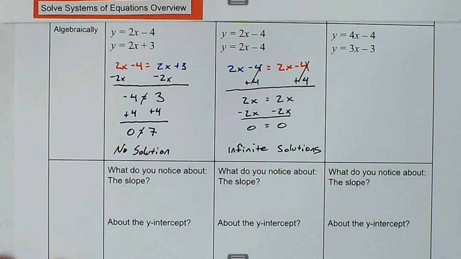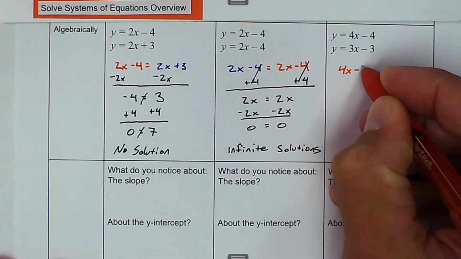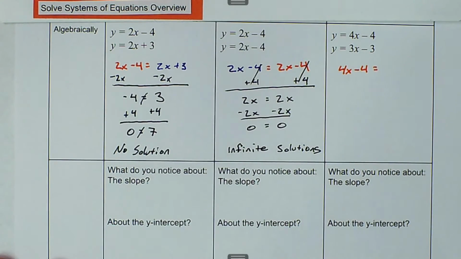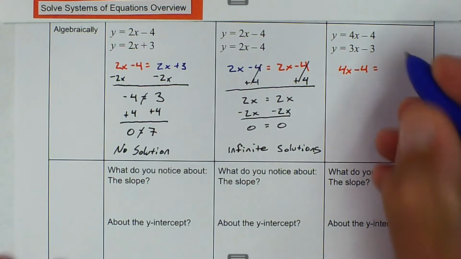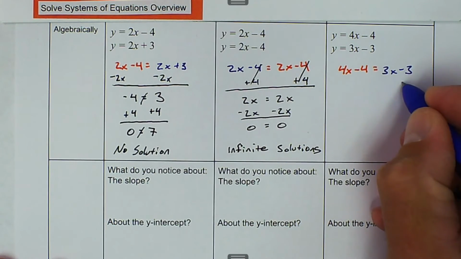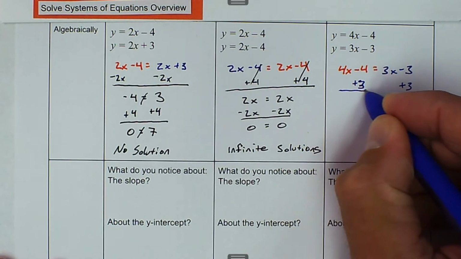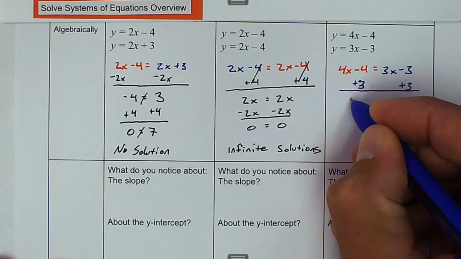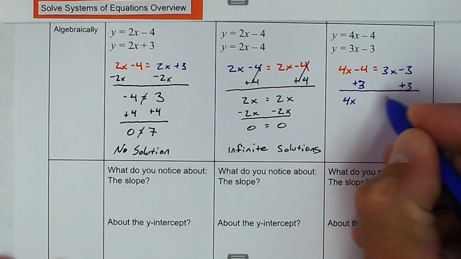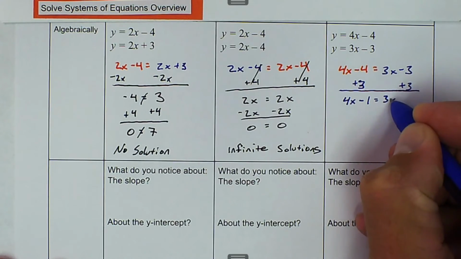And then the last example we have here, again, these are both equal to y. So by the transitive property, we can say 4x minus 4 is equal to 3x minus 3. And so we can add 3 to both sides of the equation. And then we get 4x minus 1 is equal to 3x.